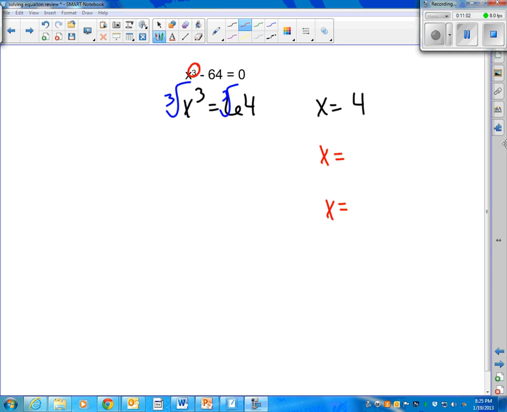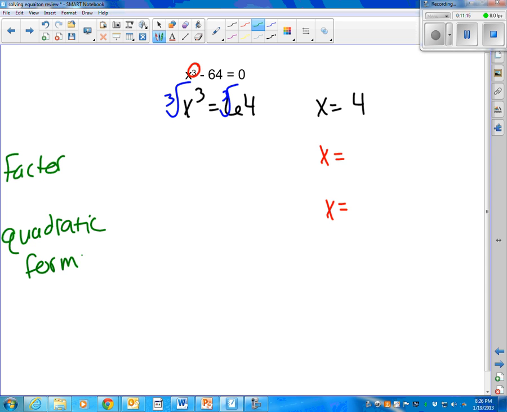What I have to do then, just like before, is go back to factor. I can't use quadratic formula because it's an x cubed. So factoring, that was the equation I gave you in lesson 6.4, where it was a plus b, it's a minus b, because we have a minus sign.